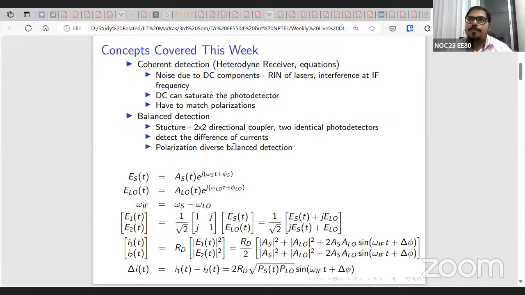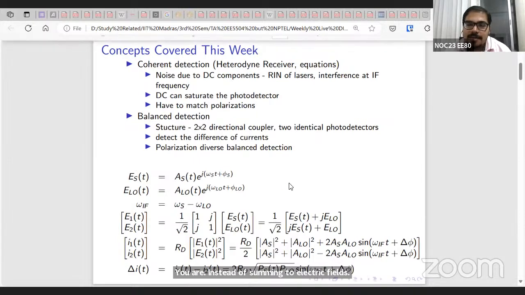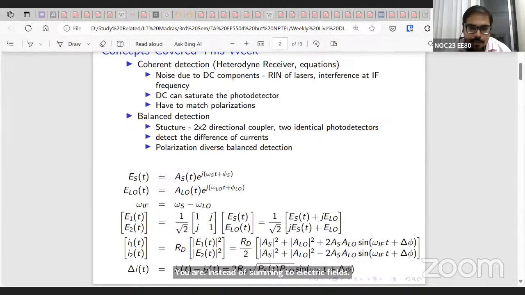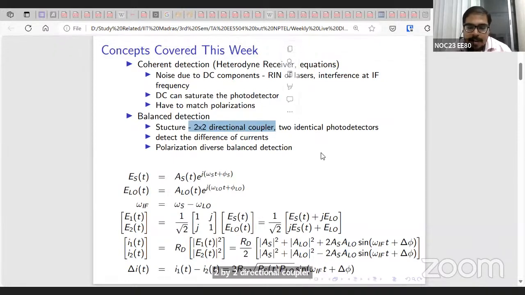Basically, instead of summing two electric fields, here what you're doing is using a 2x2 directional coupler, and then the outputs of them are being fed to two identical photodetectors, and then we take the difference of currents to see how that has affected.